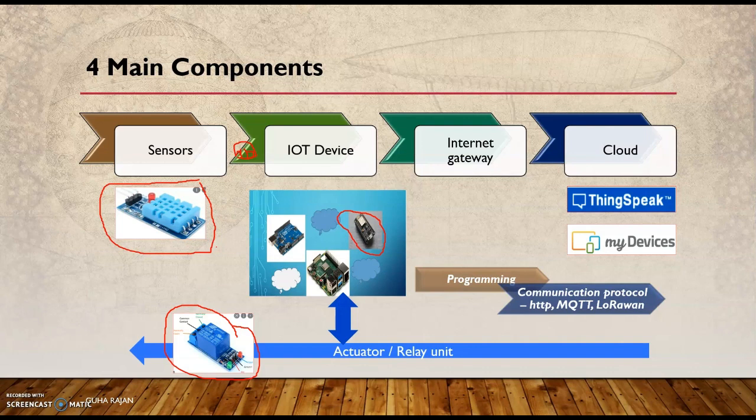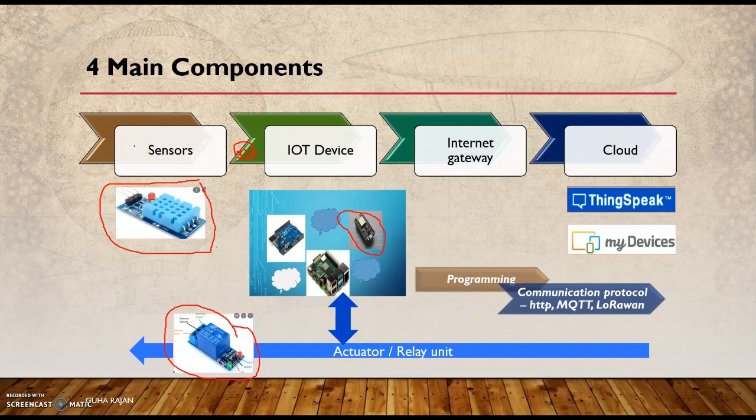A relay is some kind of on-off switch. Manually you switch a light or fan on or off. The actuator, or relay, is an automated switch. Based on the condition, it will switch the process on or off. If it is connected to a heater, based on the temperature settings, it will switch the heater on or off. Similarly with an aircon or whatever process, you need to use the relay unit.